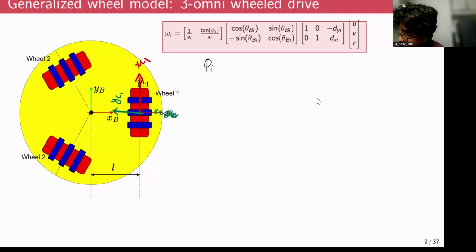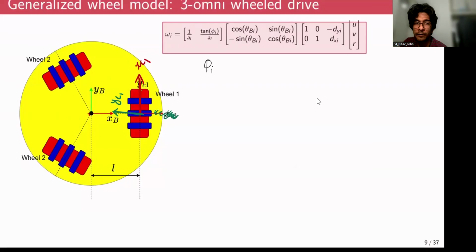Because by convention, XC1 is aligned with respect to the wheel's longitudinal axis, right? If you go back to the derivation, XC1 is aligned with the longitudinal direction of the wheel, and YC1 is aligned with the hub of the wheel, or perpendicular to XC1. So in this sense, what is phi 1?